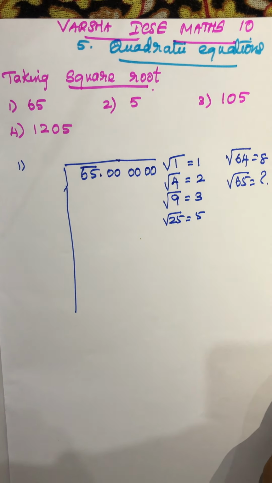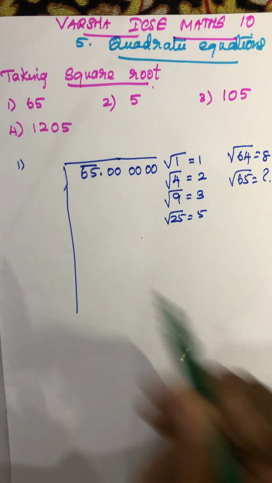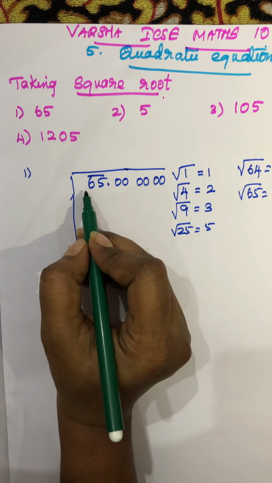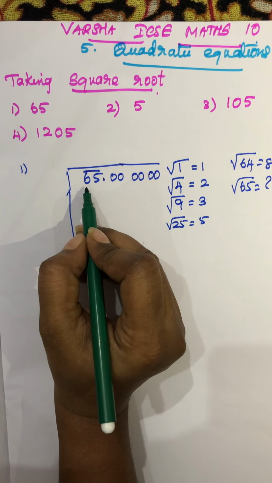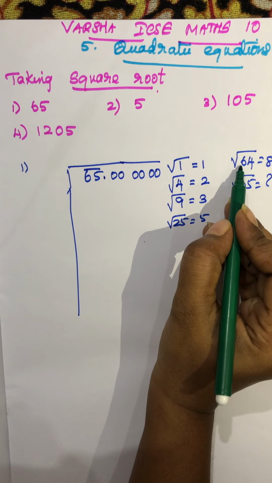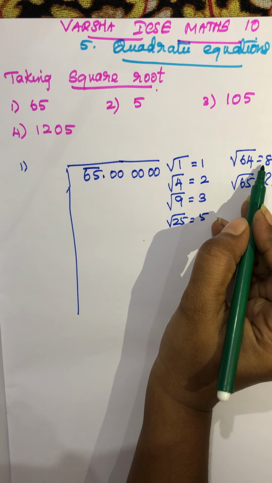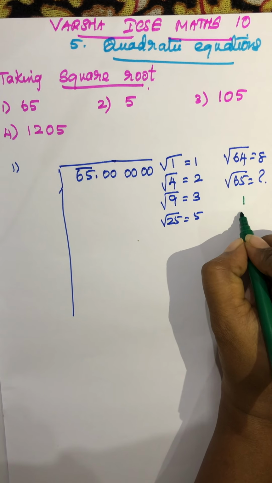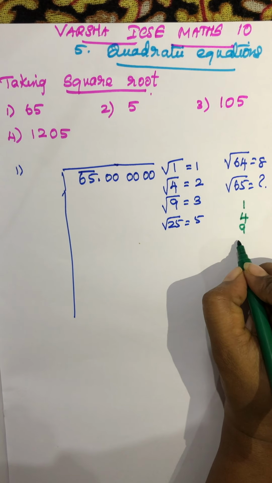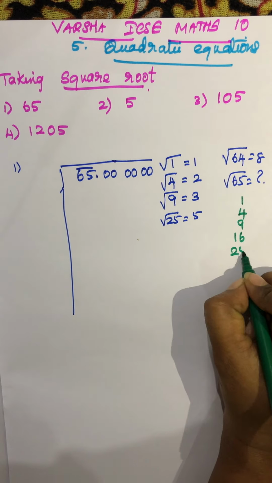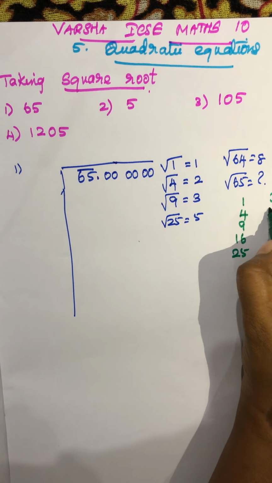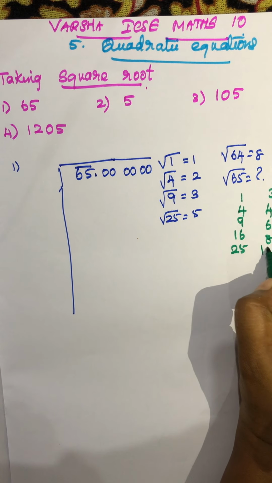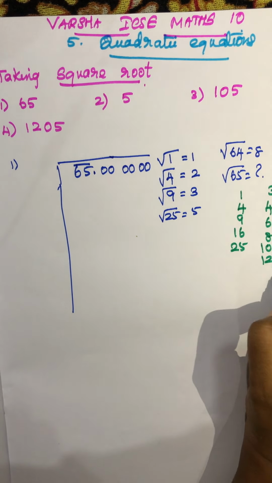So what is the first step? Take the perfect square before this number. The perfect squares are 1, 4, 9, 16, 25, 36, 49, 64, 81, 100, 121 and so on.